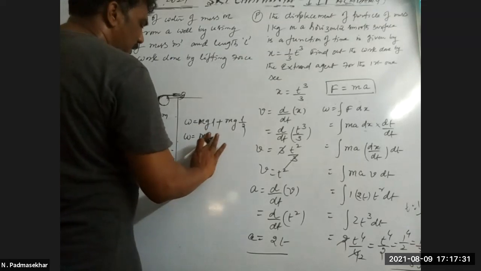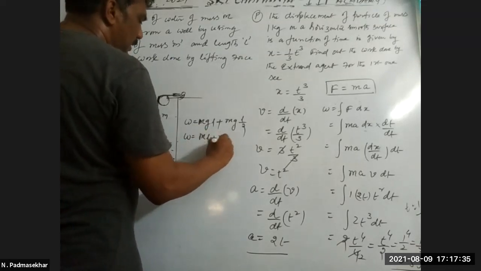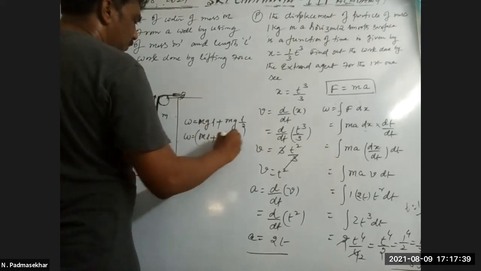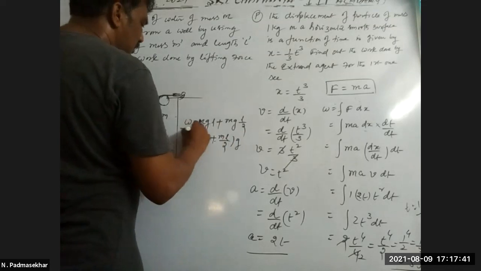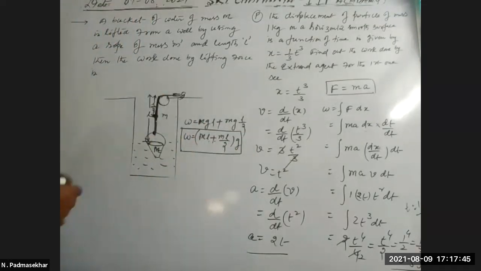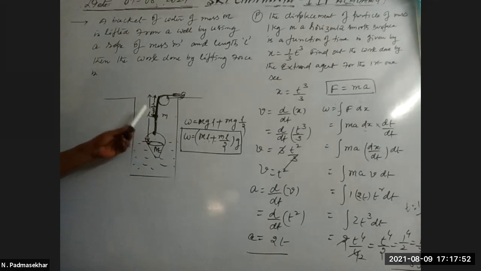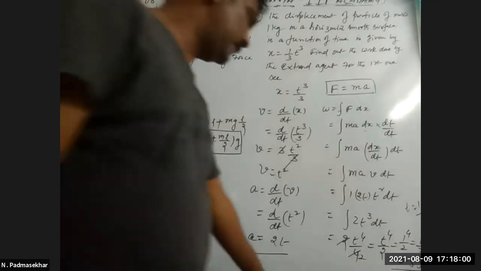So this is g into ML plus ml/2. That is the work. The bucket of water and the rope of mass m, length L. So how much work you have to do? And W is equal to MgL plus mgL/2. That is the work.